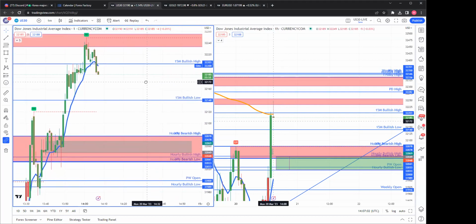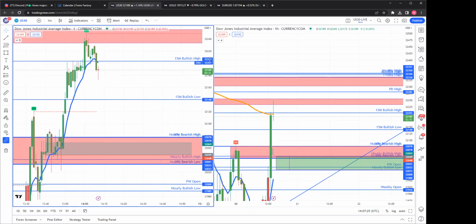So this is okay. Let's see how big of a zone this is. So this is 200, 250. So this is a 60 pip zone. So what I'm looking to do is use this bullish high as a sell zone.